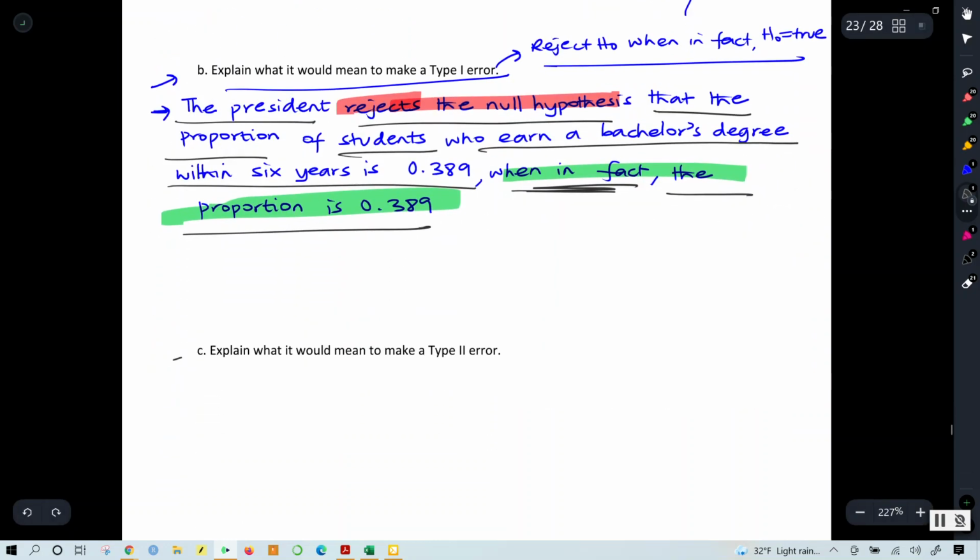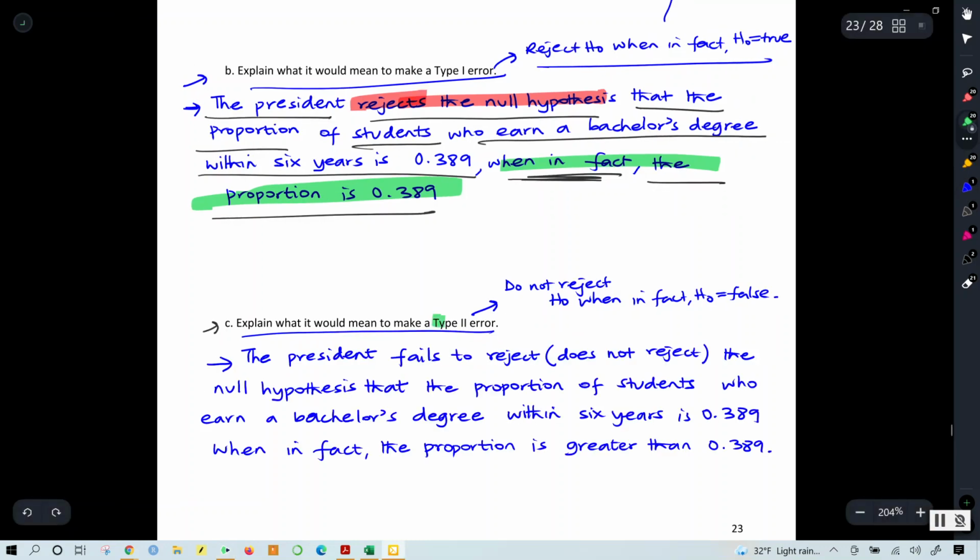Then, part C, we are to explain what it would mean to make a type 2 error. This would mean to not reject the null hypothesis when in fact the null hypothesis is false. This is also an erroneous step, and in the context of this problem, type 2 error would mean that the president fails to reject the null hypothesis.